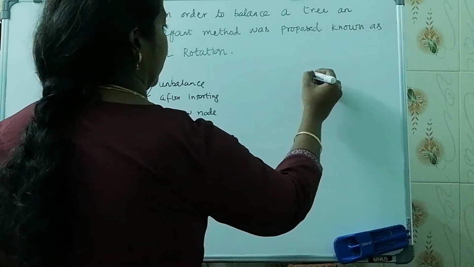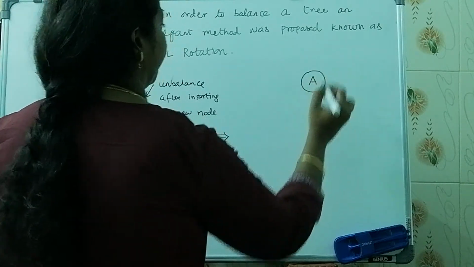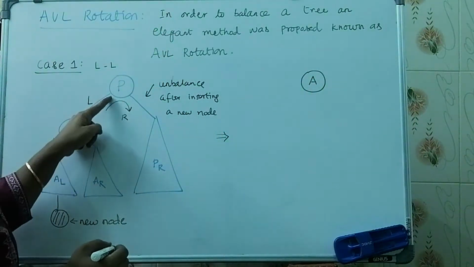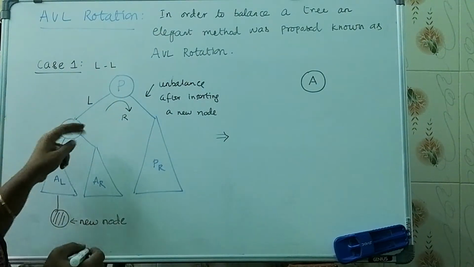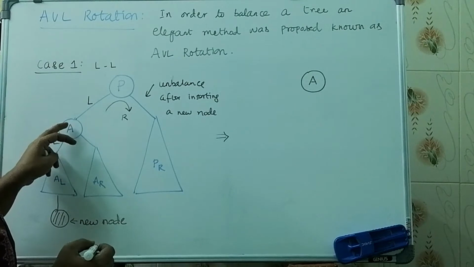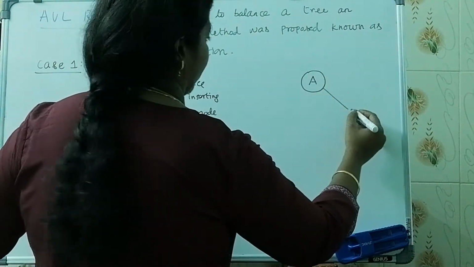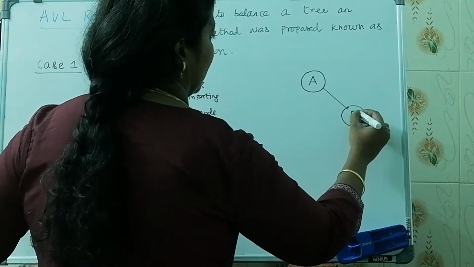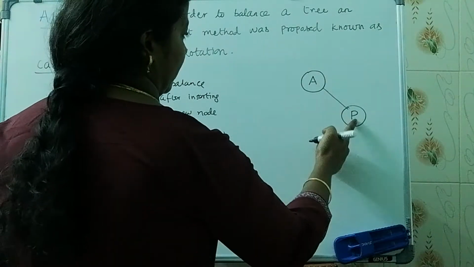As a result, A will come as the root. Note that this is a subtree, so not necessarily a root, but let us consider that A will come to this position. Let me take this as the root for now, and P will come to the right of A.